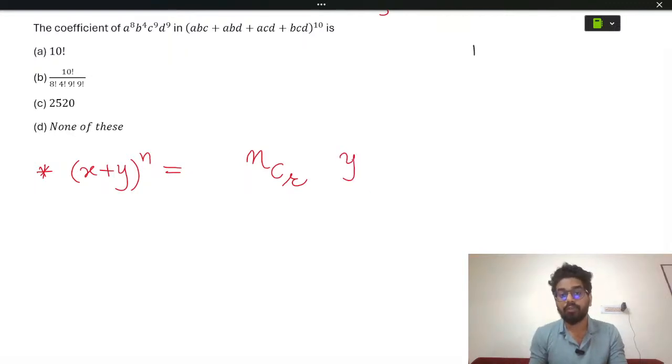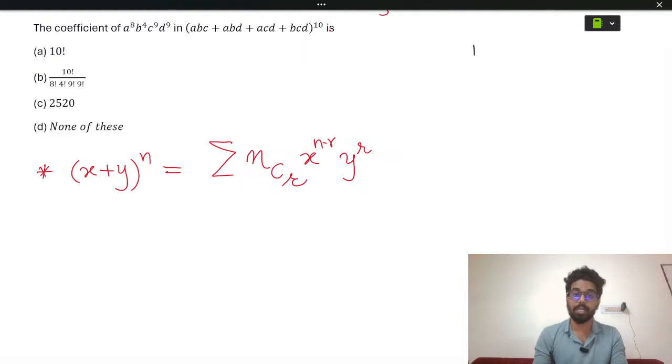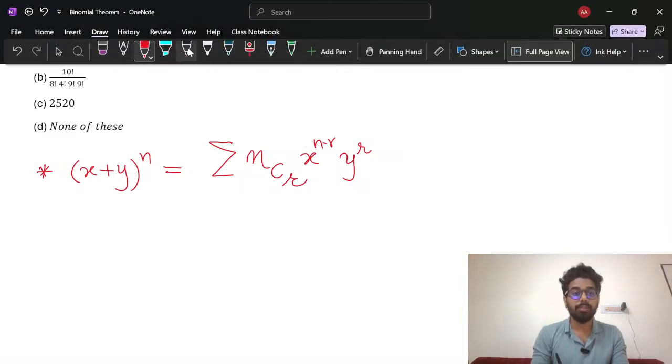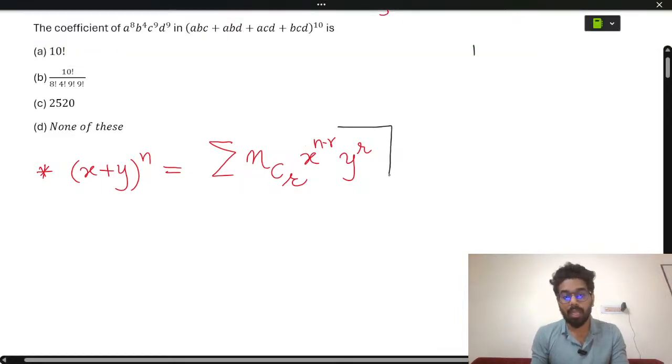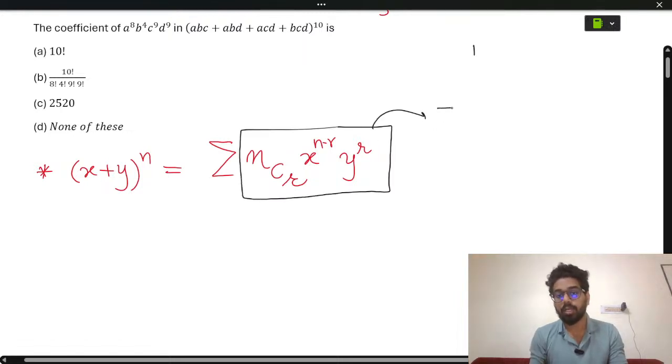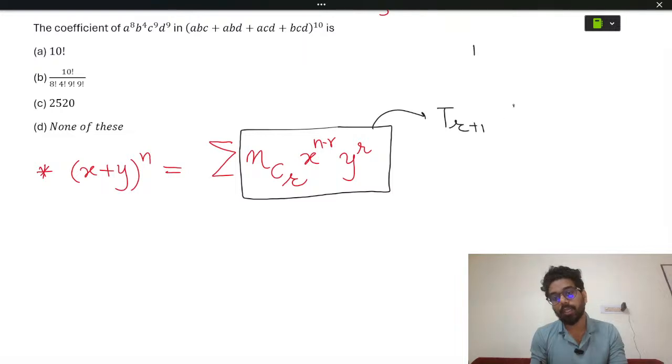So y into y into y, r times. The remaining ones are x, so x to the power n minus r. And this becomes the general term. Exactly the same way we got the formula for binomial. This is the formula for the expansion, and just this one is the general term, t r plus 1.